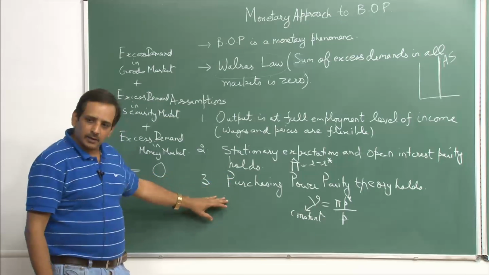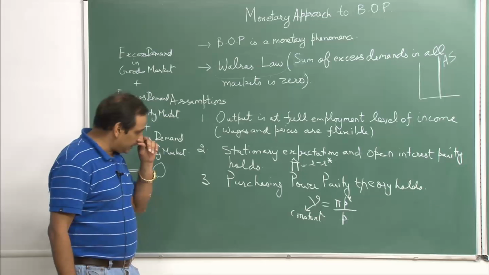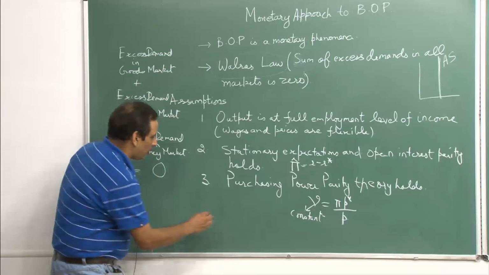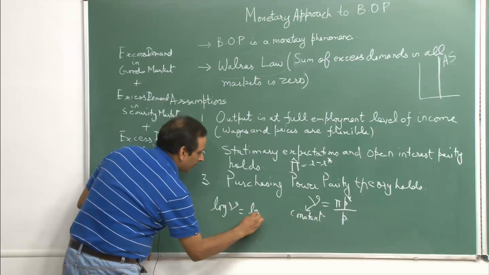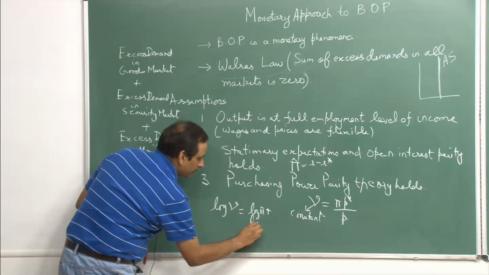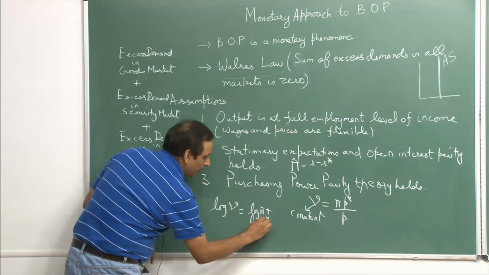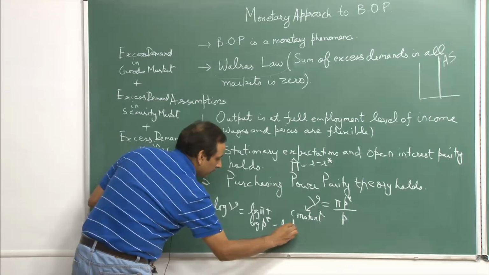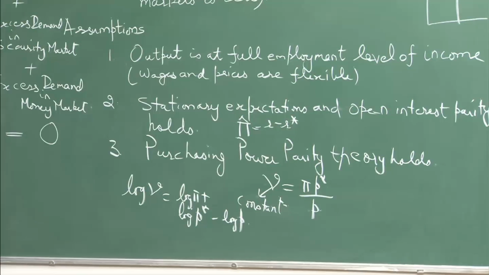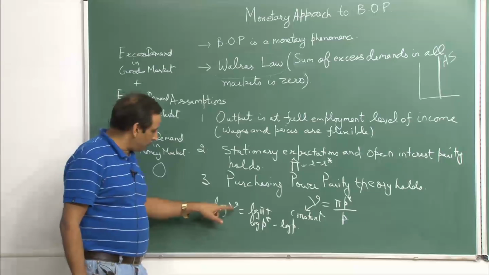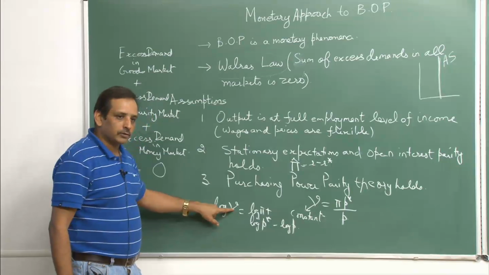So, if you work further on this, you would see that if you take the log of nu, it is log pi plus log p star minus log p. Take the differential of log of nu, which is a constant.